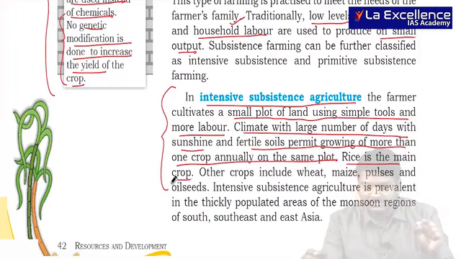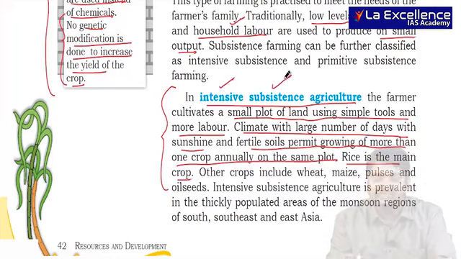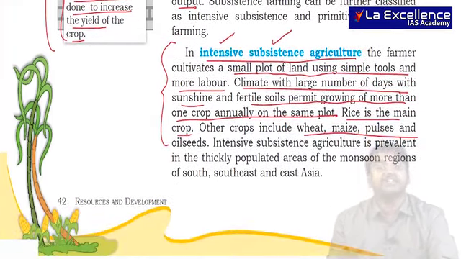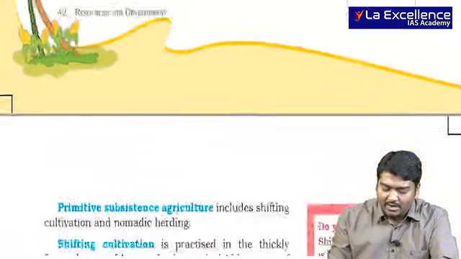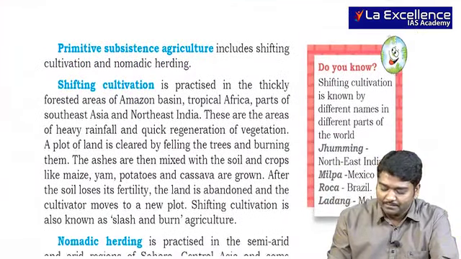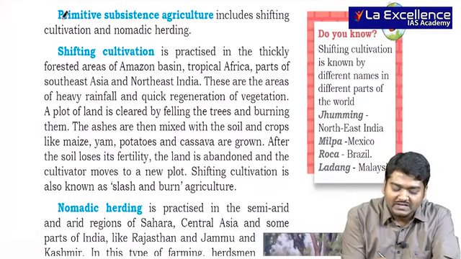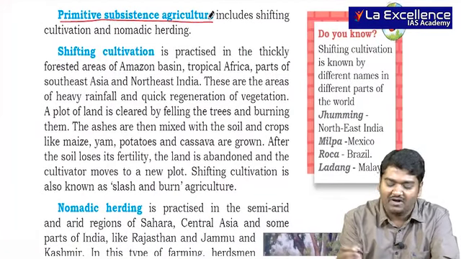The reason is intensive, more labor is present, subsistence, less technology. Other crops, wheat, maize, pulses, are usually present in monsoon regions which are dependent on rain and not on irrigational activities.